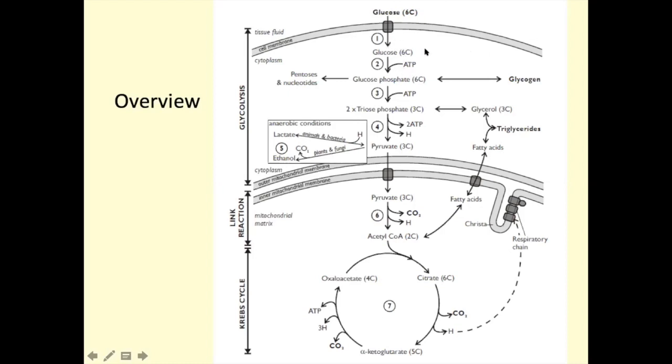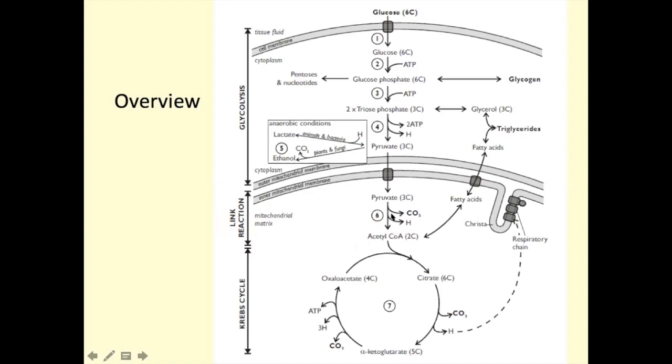It's a 6-carbon species, and all of this, 1, 2, 3, 4, is called glycolysis, and that's what we're going to be talking about today. It will end up with pyruvate, which is a 3-carbon molecule. Now this 3-carbon molecule is going to go through the mitochondrial membranes, inner and outer, and form acetyl coenzyme A, and this is called the link reaction.